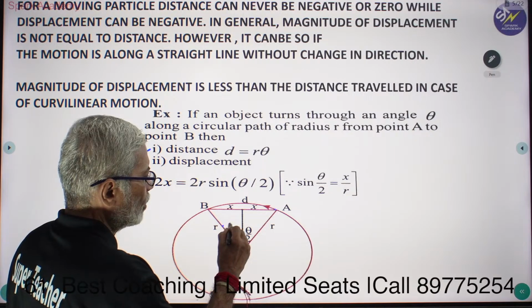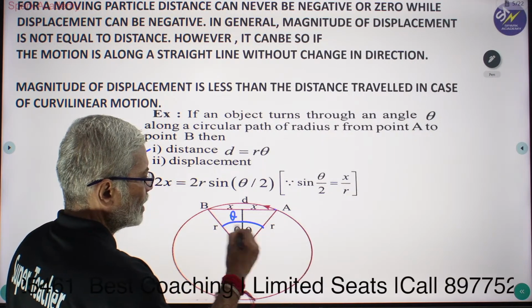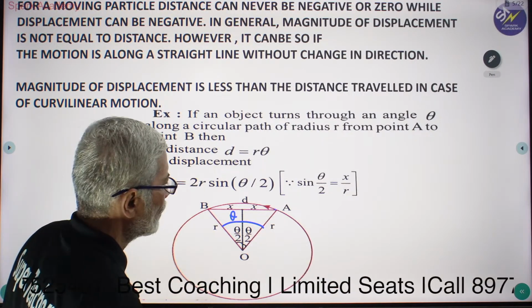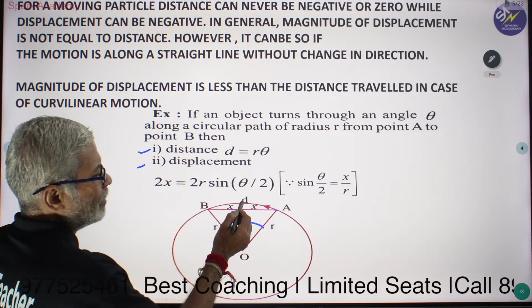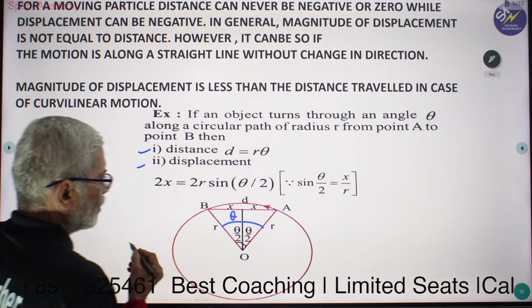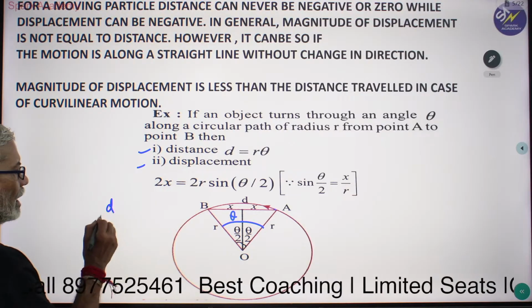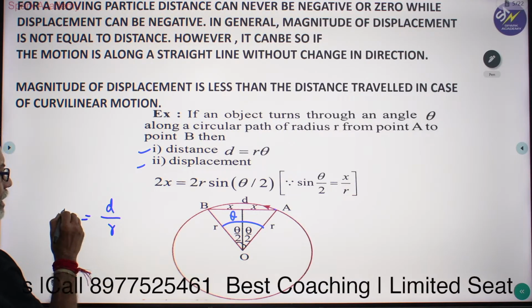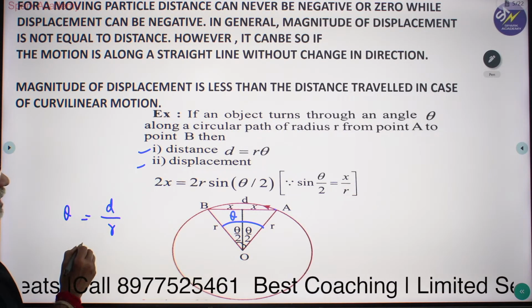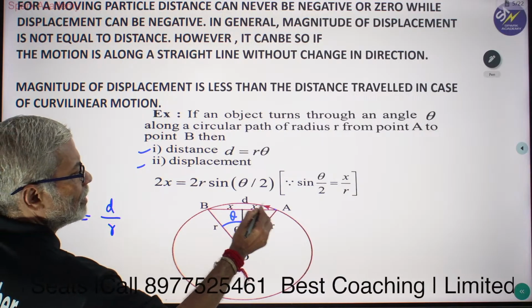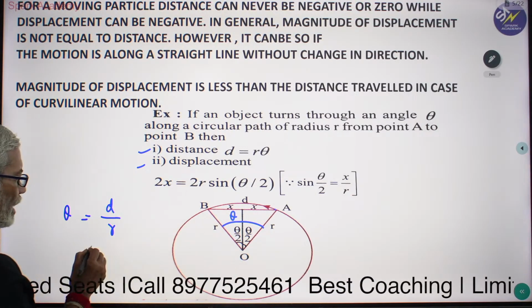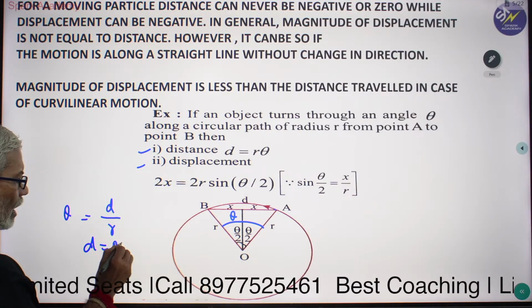Sector formula you know, this full angle is theta. So d by r will be equal to theta. Suppose the distance traveled from A to B is d. So d will be equal to theta r.